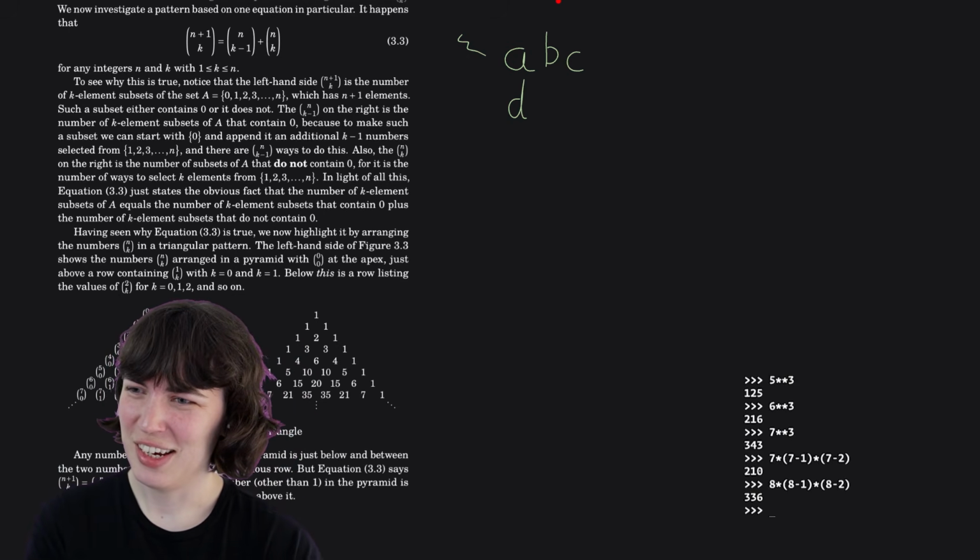Okay. In the light of all of this, equation 3.3 just states the obvious fact: the number of k element subsets of A equals the number of k element subsets that contain 0 plus the number of k element subsets that do not contain 0.